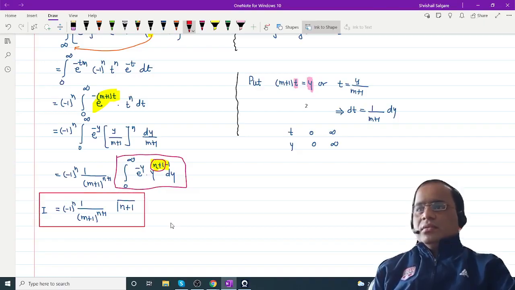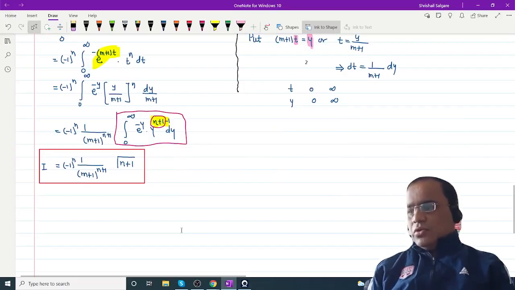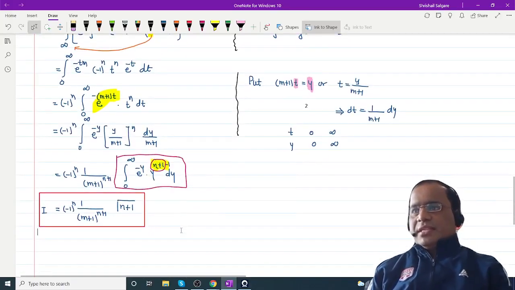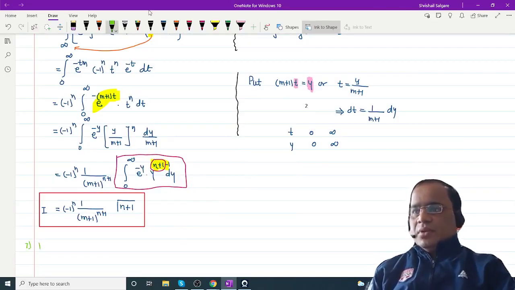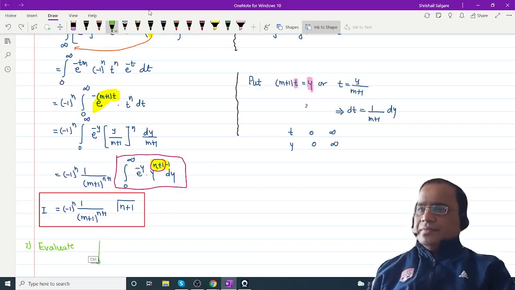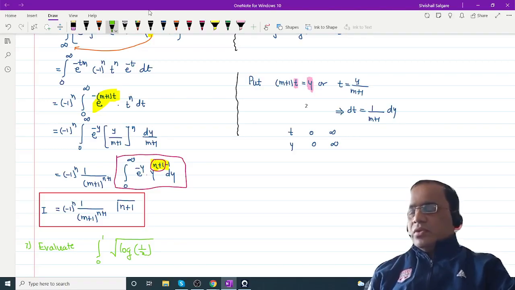So if the integrand involves a logarithm function, how do we evaluate the integral? Let us proceed with the next, the seventh example. Evaluate integral 0 to 1 square root of log of 1 by x dx.